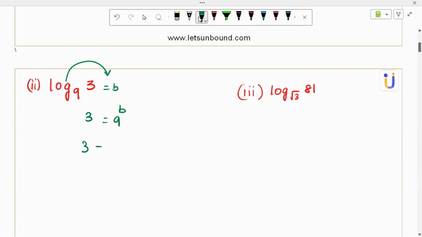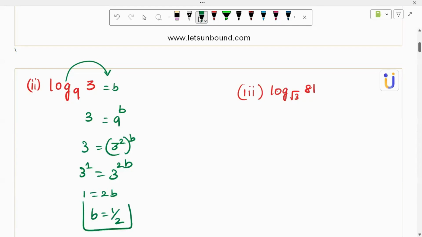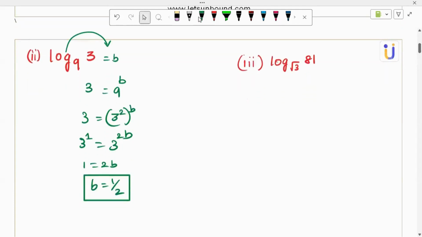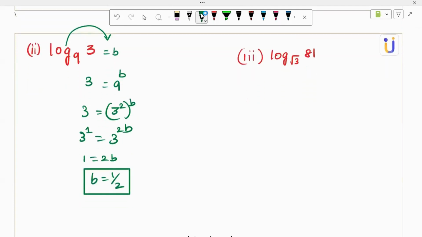This time 3 is 3, but 9 can be expressed in terms of 3, like (3 squared) to the power b, and power to the power will get multiplied. Bases are same. 3 means it's 3 to the power 1, and 1 equals 2b, b is 1 over 2. Right, that's it. So what is my b? My b is nothing but whatever they asked to evaluate, the required stuff. Log base 9 of 3 is 1 by 2.